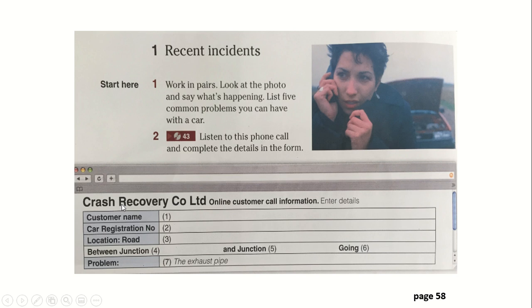Okay? She's calling a company, and the company is called Crash Recovery Company. And we need to listen to enter the details of number 1, customer name, number 2, car registration number, and the location of the road, and also for number 4, the numbers of the junctions between two junctions and going which direction, north, south, east, or west.